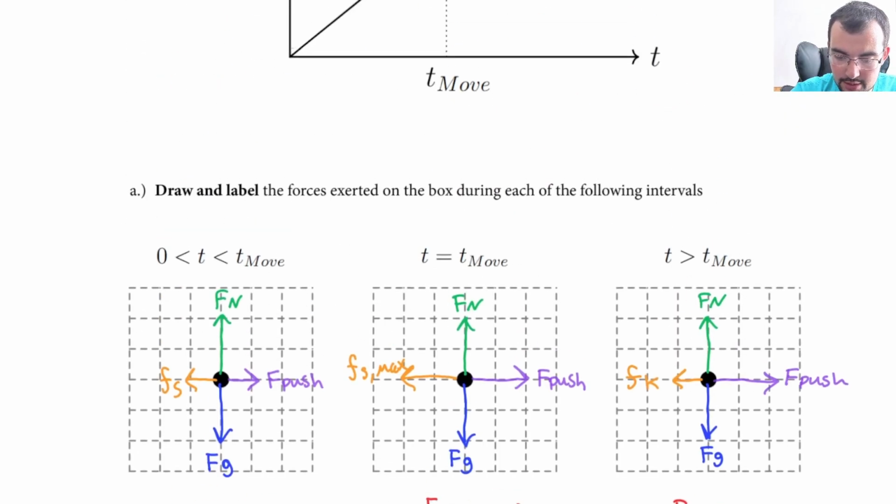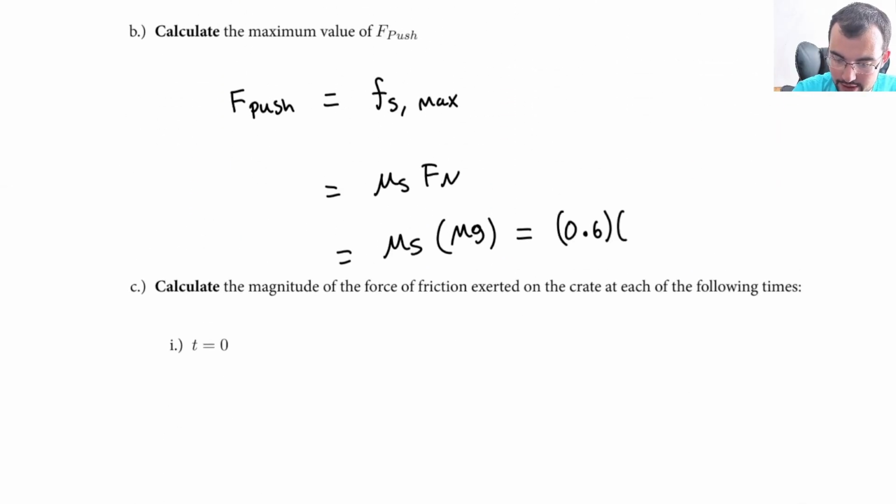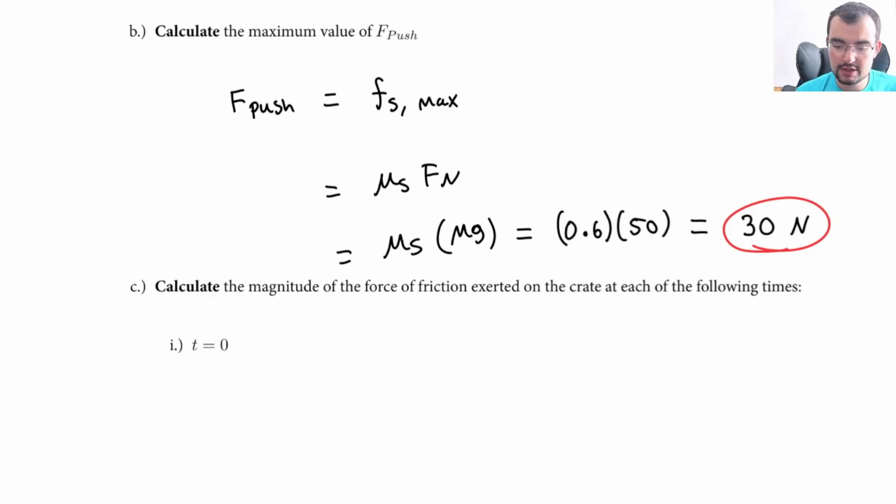The crate is 5 kilograms, so the weight is 50. What is 0.6 times 50? Should just be 30 newtons. So that's the maximum value I push with, because I know that that is what beats static friction.